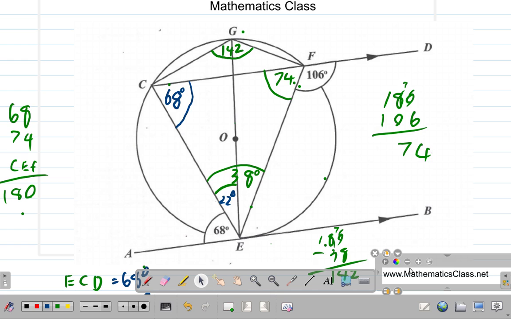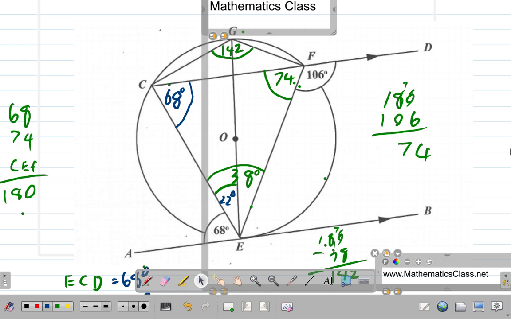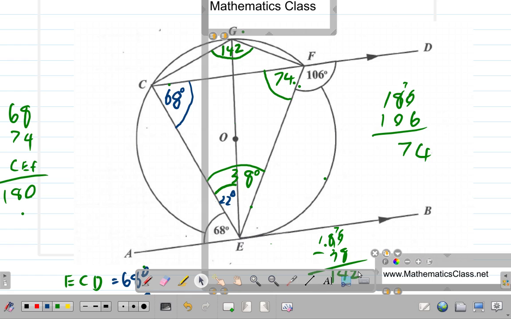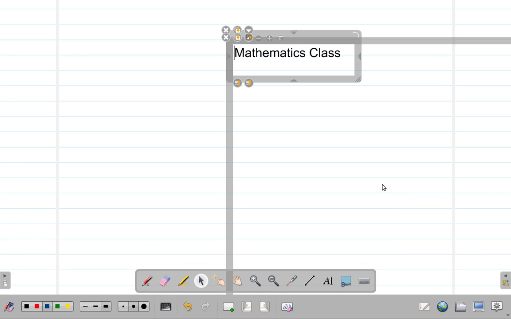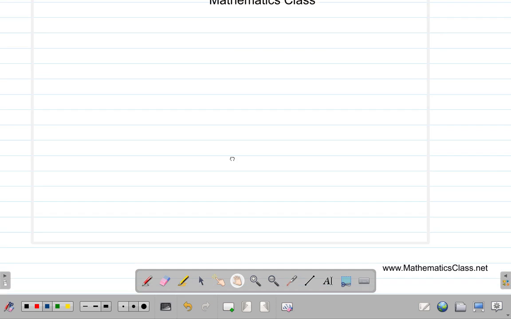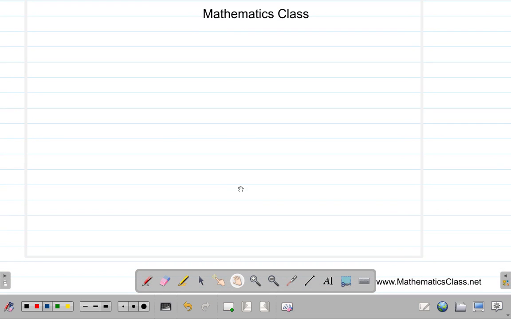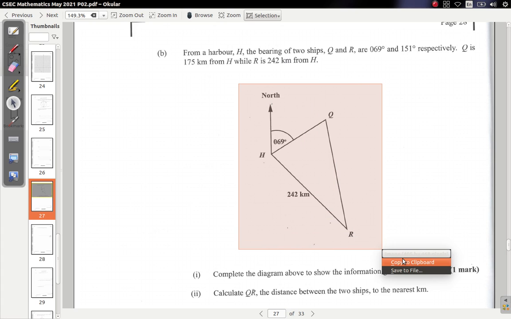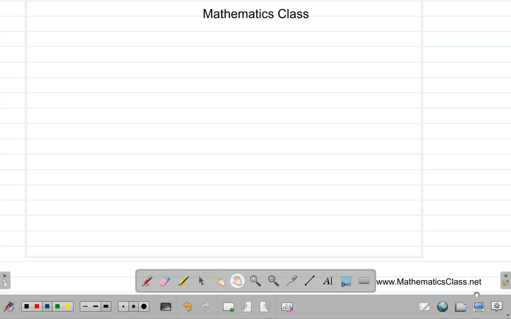Let me select these two pieces of information that I want to keep, erase the board, put those back, make a copy and paste it over here.